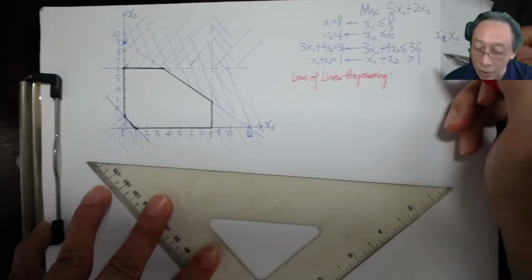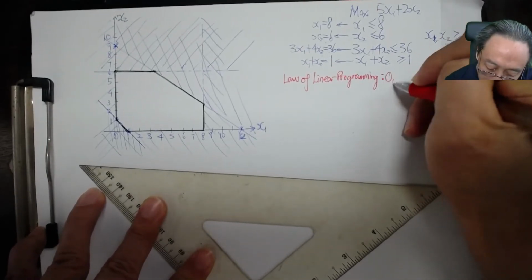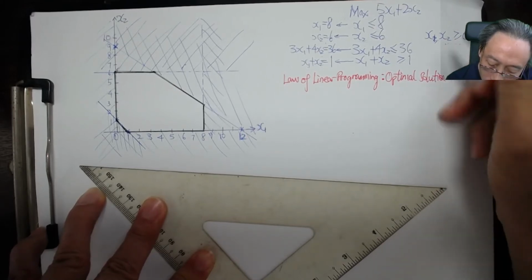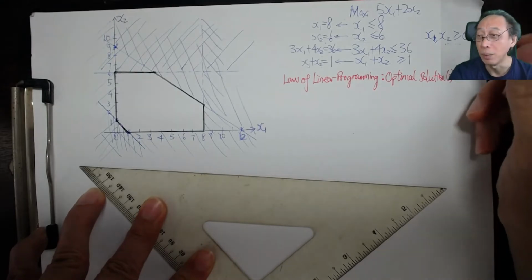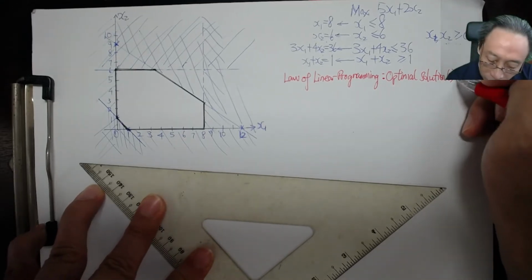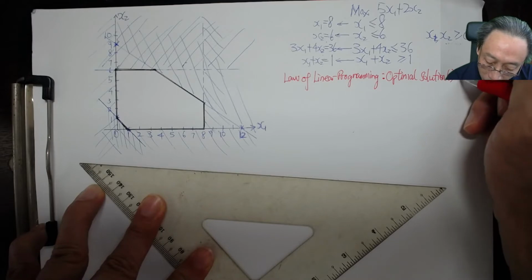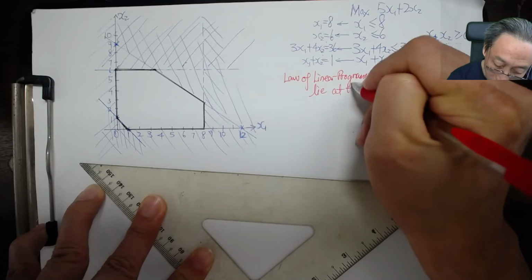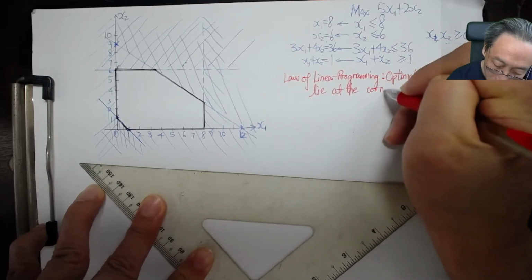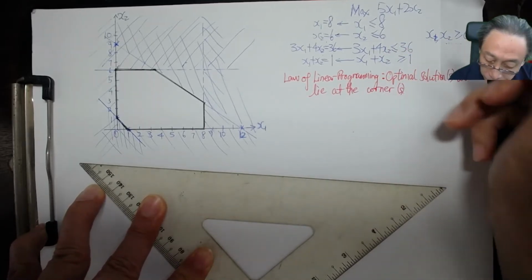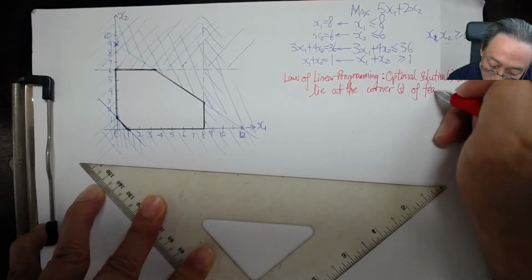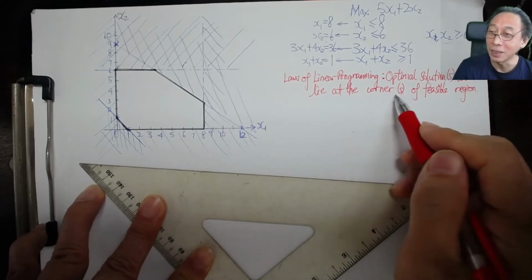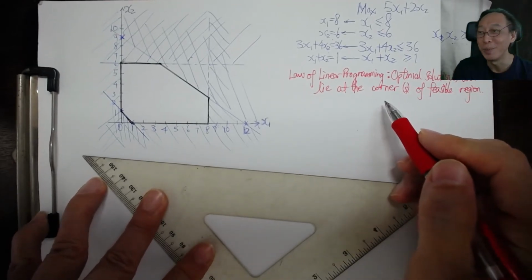All right, and this law states that the optimal solution, or solutions, as we'll see, there may be more than one, if they exist, all lie at the corners of the feasible region.